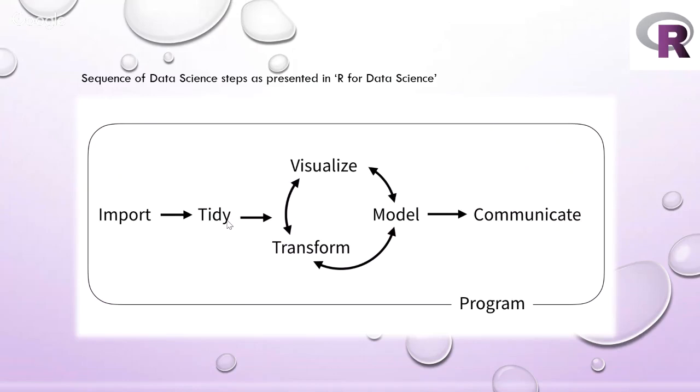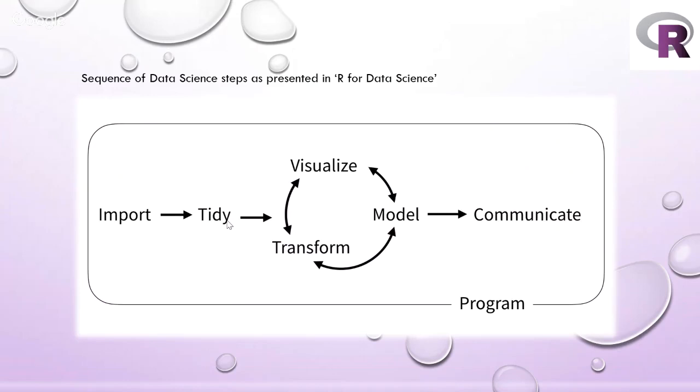First, we import the data, and then we try to make that data into a tidy format so that we can visualize, do some transformations, do some modeling, and a bunch of stuff on that data. But before that, we have to make sure that our data is not messy and it is tidy enough to actually visualize the correct data. And these are the sequence steps which I have taken from the R for Data Science practical book.